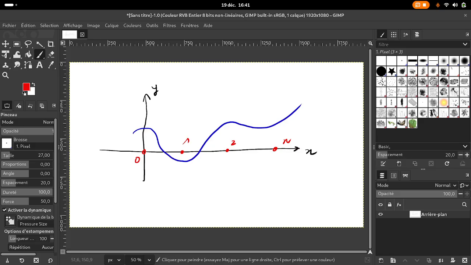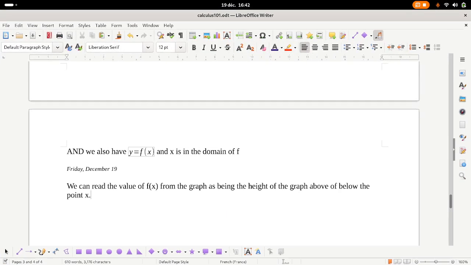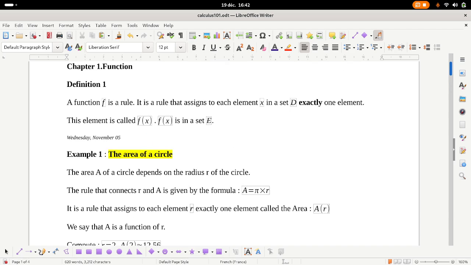There are first observation. We say that 0, 1, 2, and x are all in the domain. Since they are all in the domain, they have a value, an image.